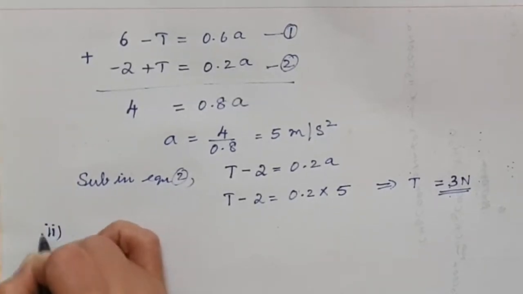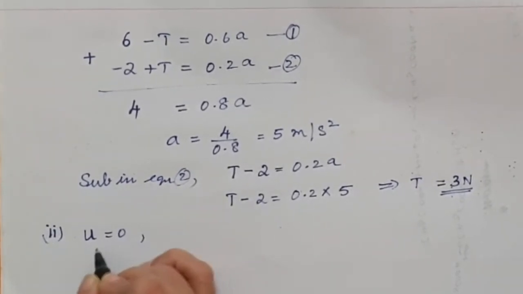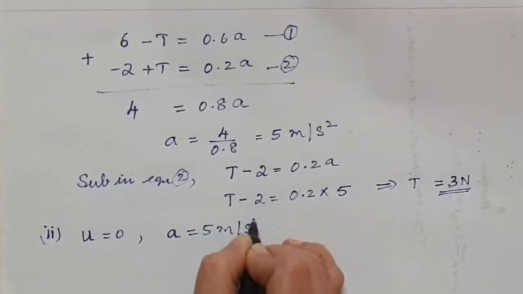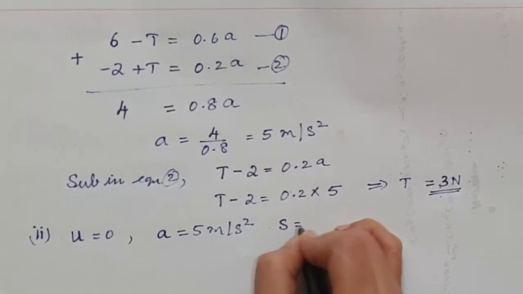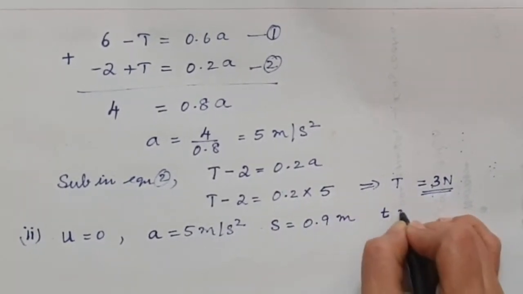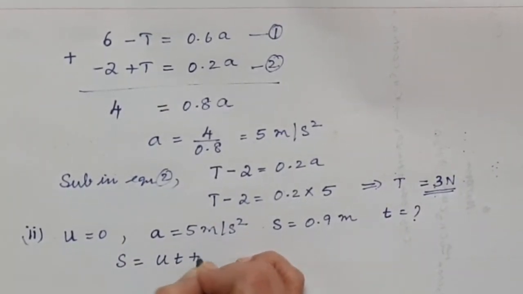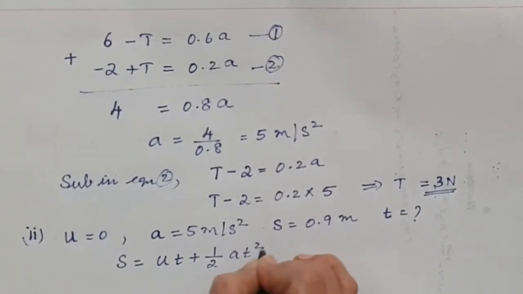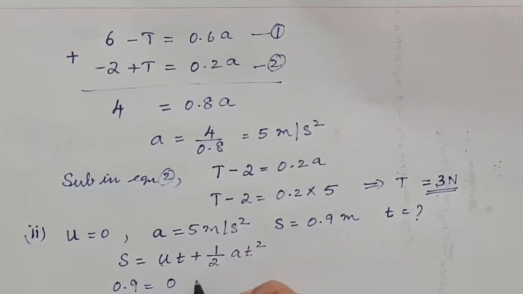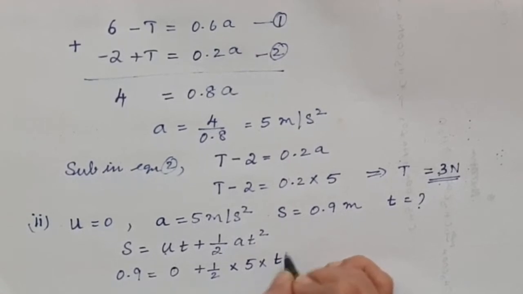Now for the second part, we are given the information that initially the particles are at rest. So u equal to 0, a equal to 5 meters per second squared and s equal to 0.9 meters. And we need to calculate the value of t. So substituting in s equal to ut plus half at squared, that is 0.9 equal to 0 into t, which is 0, plus half into a, which is 5, into t squared.